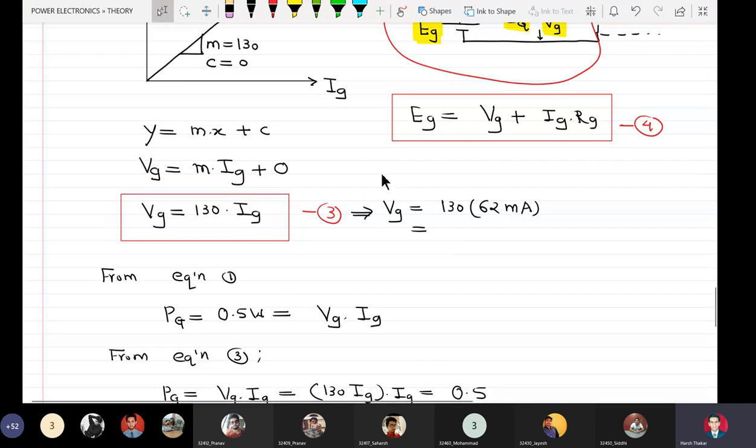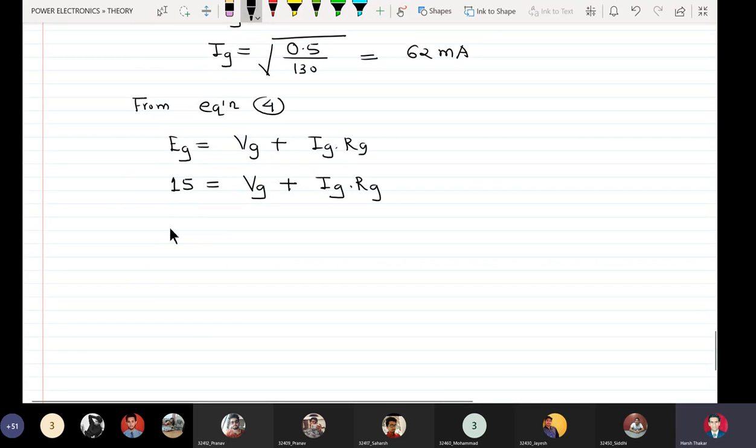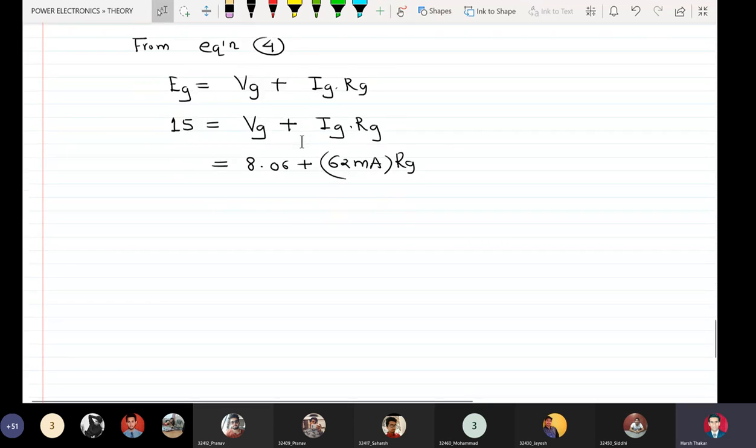So Vg is equal to 8.06 volt. So 15 is equal to 8.06 plus 62 milliamperes into Rg.